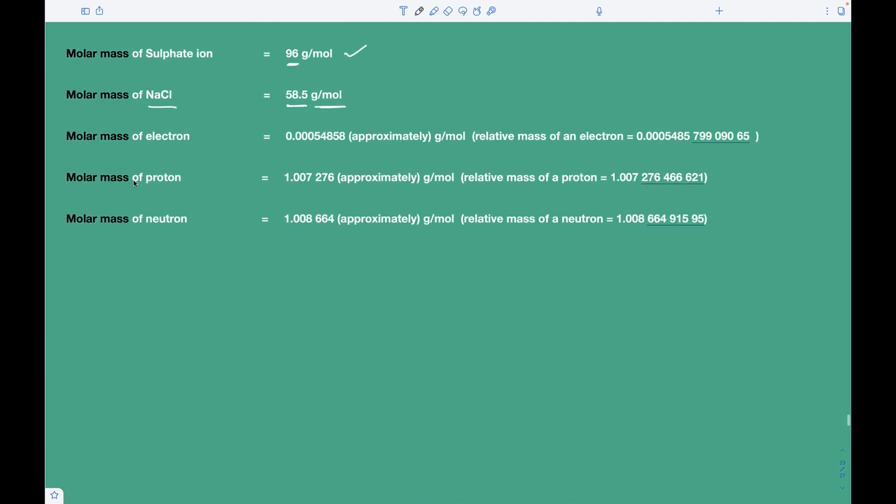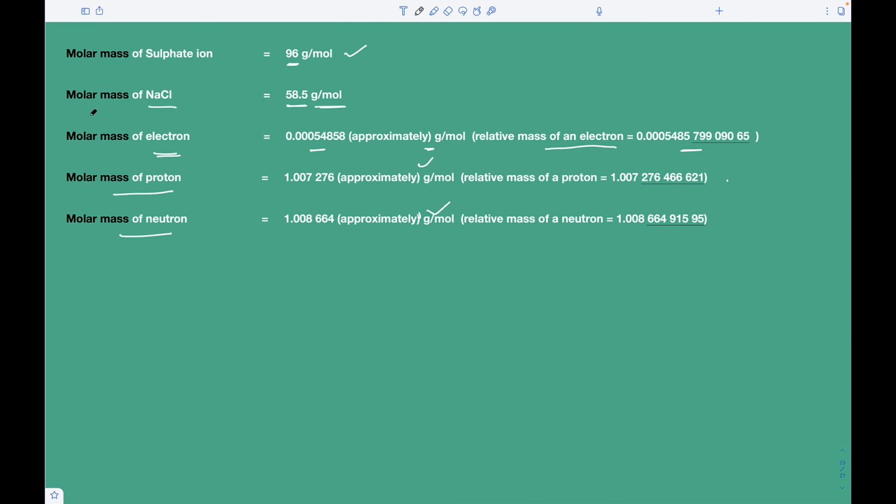And the molar mass of electrons, that is mass per 1 mole of electrons, that is an Avogadro's number of electrons, is equal to this, because this is the relative mass of an electron. Similarly, molar mass of protons and molar mass of neutrons are shown here. And I don't think you have to memorize any of these numbers.